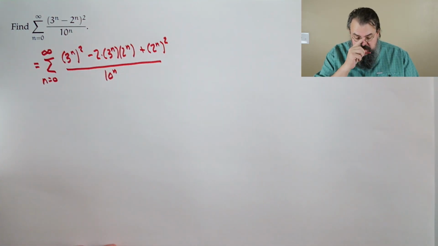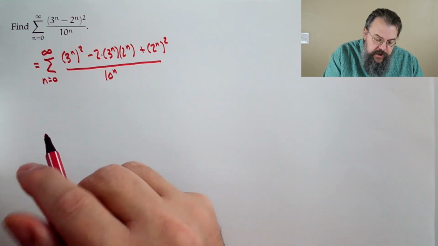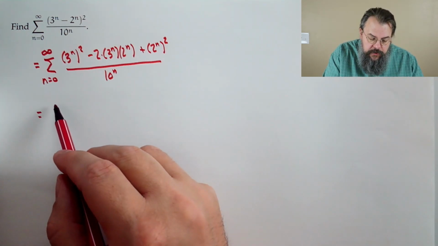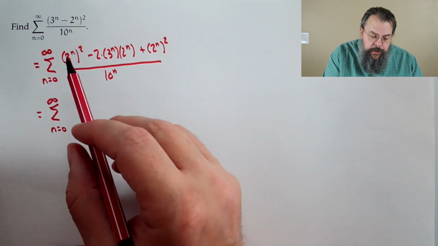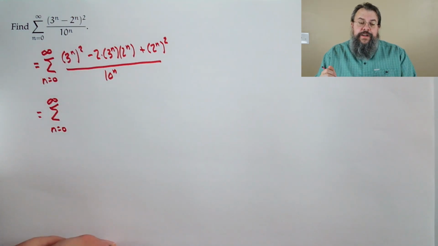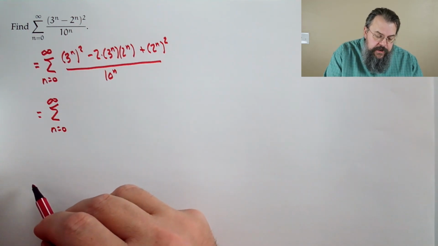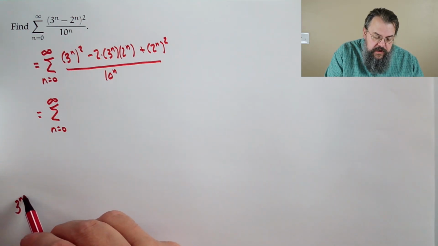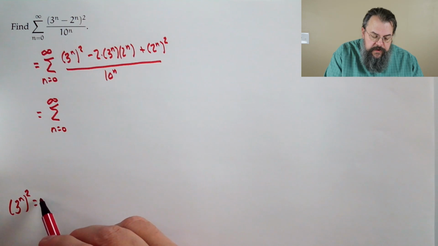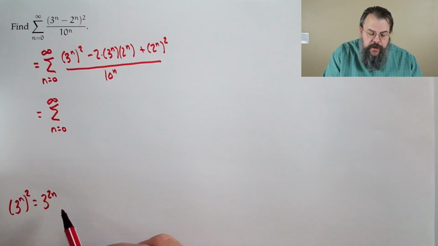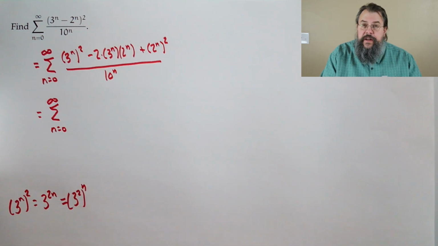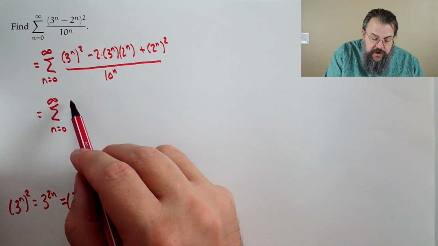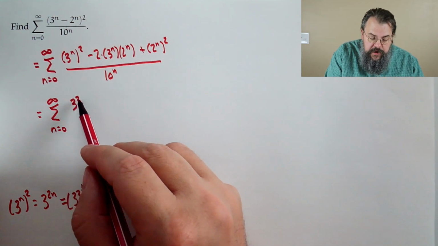Now we need to think, how can we rewrite this? Because we don't want 3^n squared, we want something to the n. But really, what is that? 3^n squared is really the same as 3^(2n), which is also the same as 3 squared to the power n.